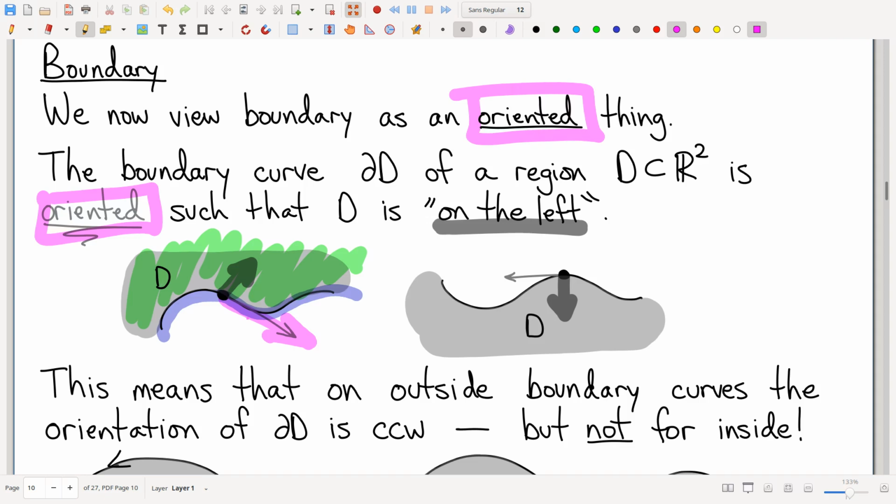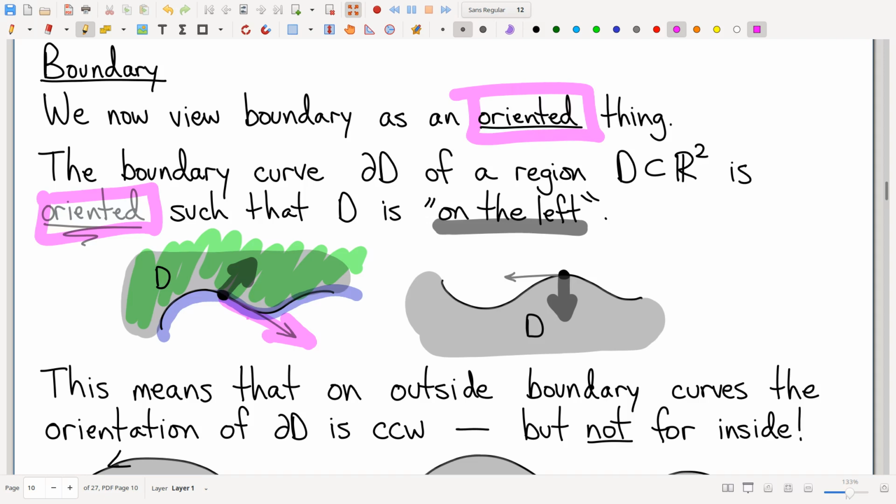As you're walking along the curve, in the correct direction, the region whose boundary you're talking about needs to be on your left. That's the rule. Always go in whatever direction of your two options, whichever direction it is that puts the region on your left.